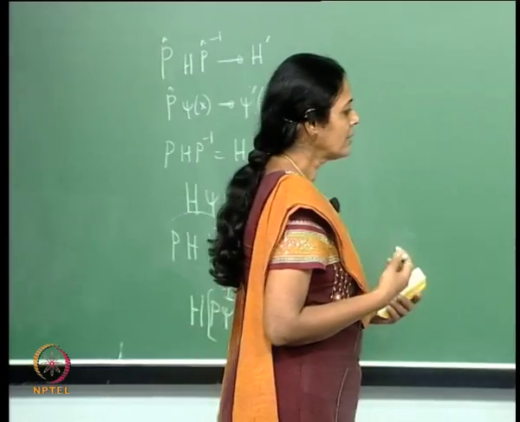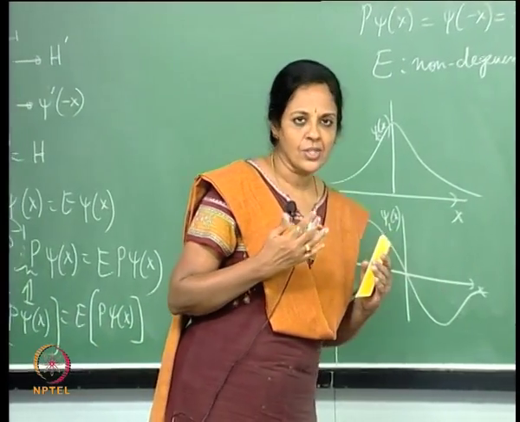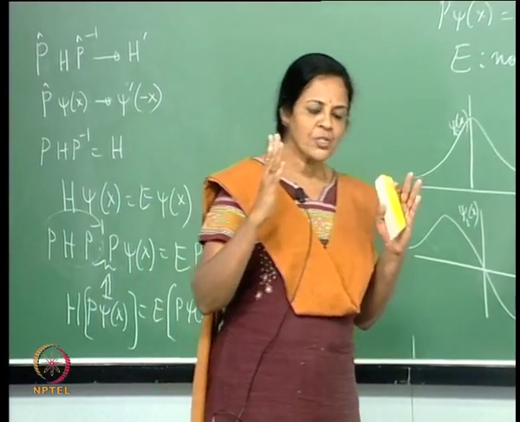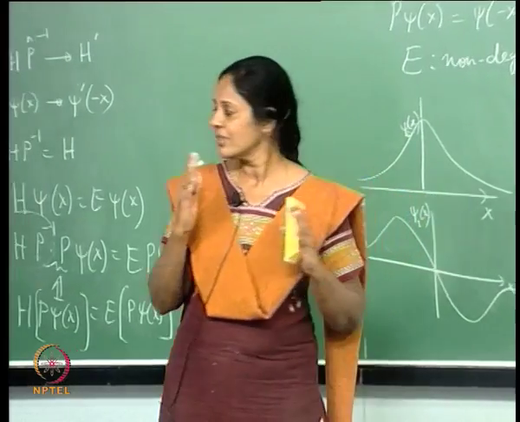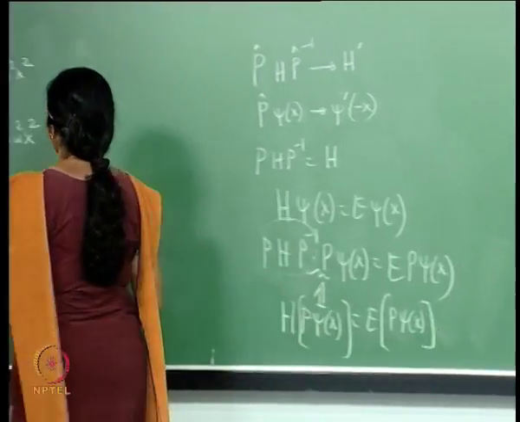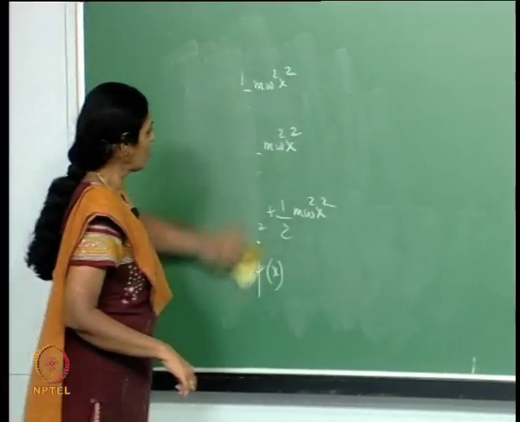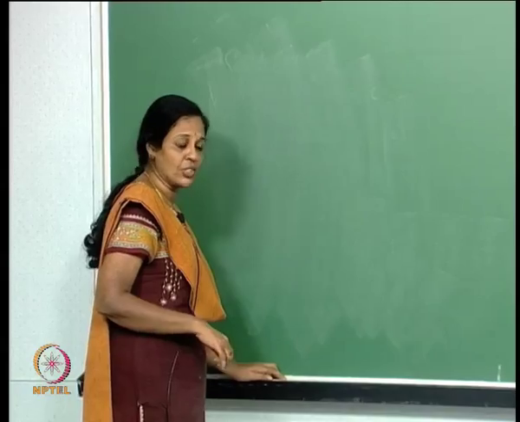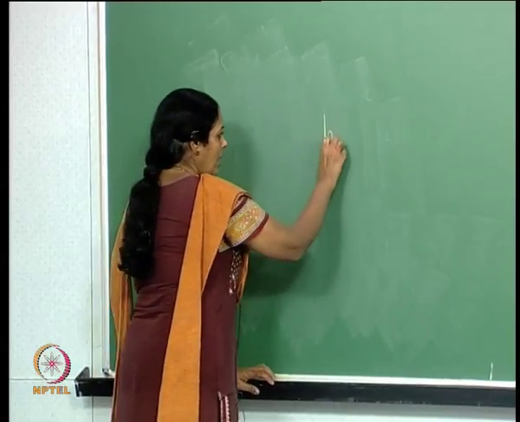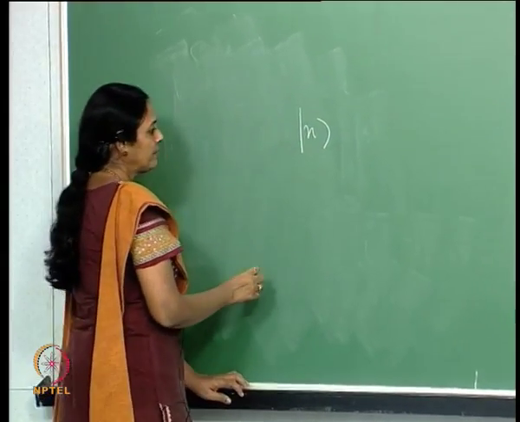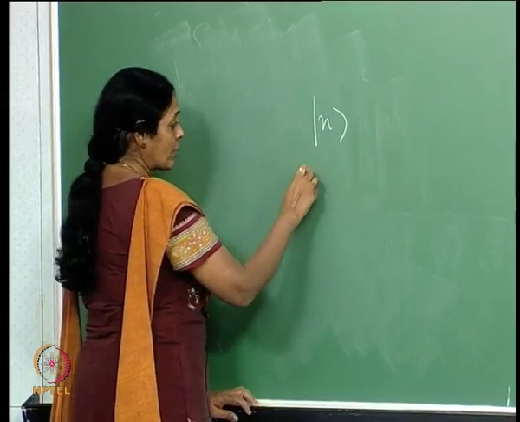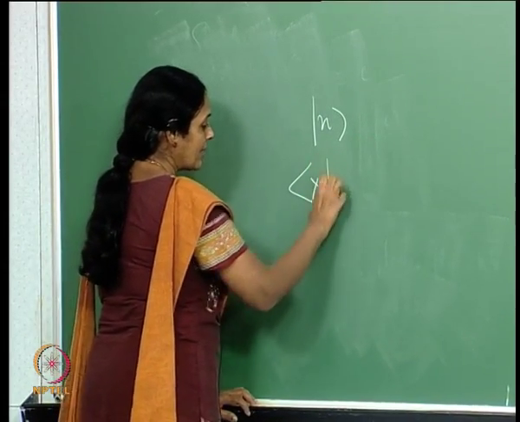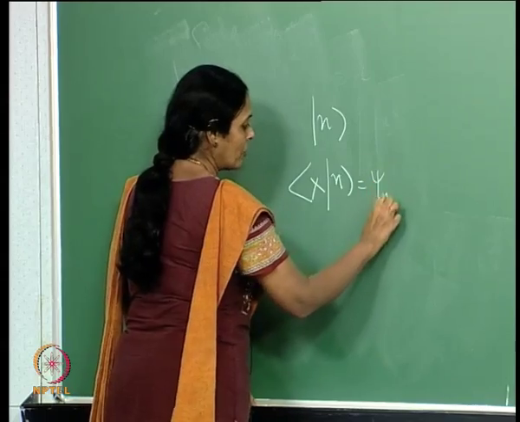If you recall, this result was established earlier in the abstract ket notation, where we wrote x as a plus a dagger by root 2, and discovered that in the energy eigenbasis, which I refer to as ket n, my notation now would be bra x ket n is psi n of x.